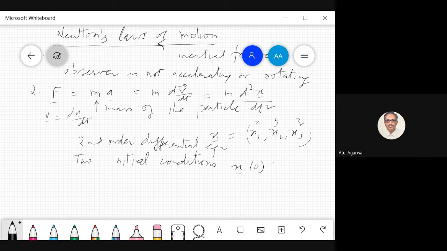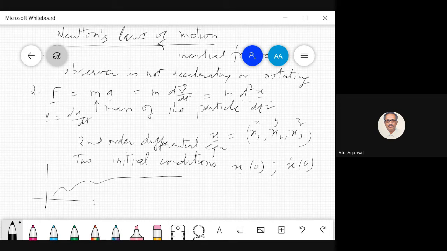Position at time 0 and velocity at time 0. Once you know these, you can find position and velocity as a function of time. You can map the trajectory of the particle, where it goes.